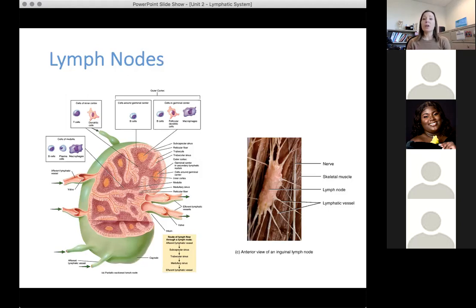Okay, and their function is that the macrophages, remember macrophages, I can write that again for you. Macrophages are the big phagocytes.